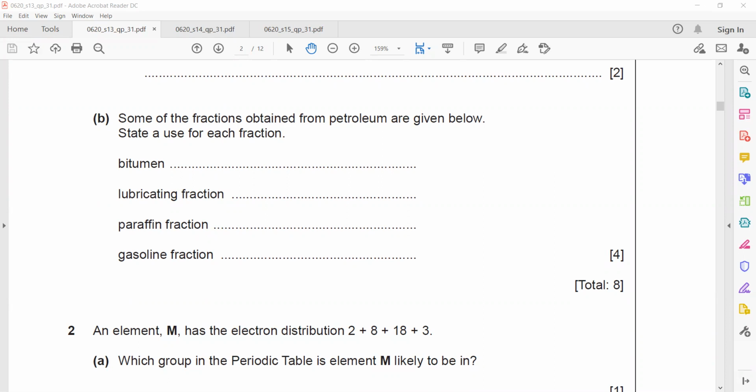It is used for jet fuel as well, and for stoves. And gasoline, or petrol: fuel for cars, vans, trucks. Petrol for vehicles. That's right.